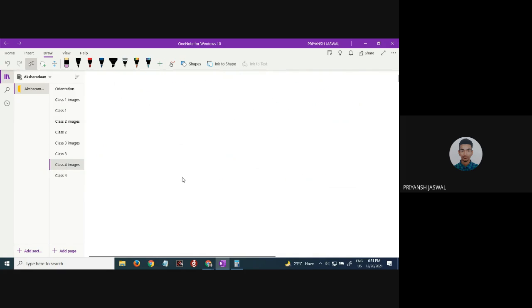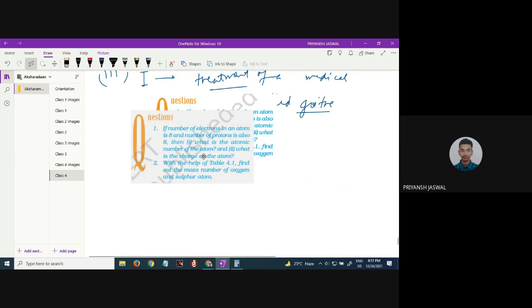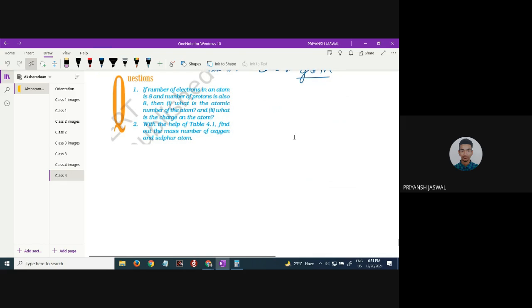Now let's solve some questions. Question 1: if the number of electrons in an atom is 8, this is given to us, and the number of protons is also 8, then what is the atomic number of the atom?